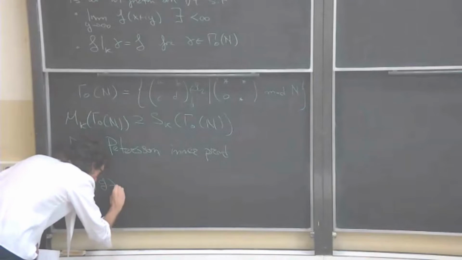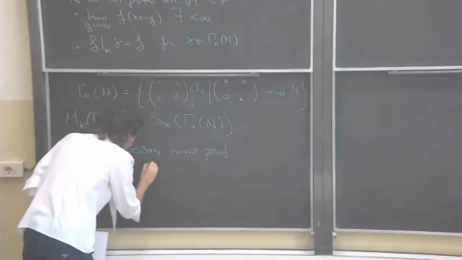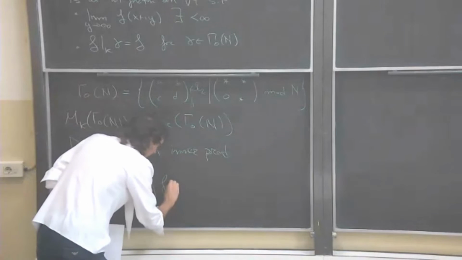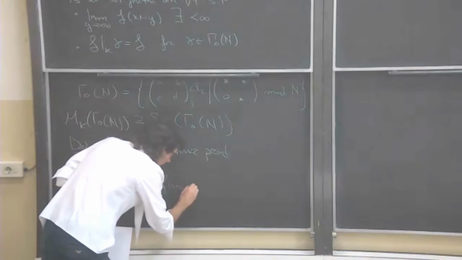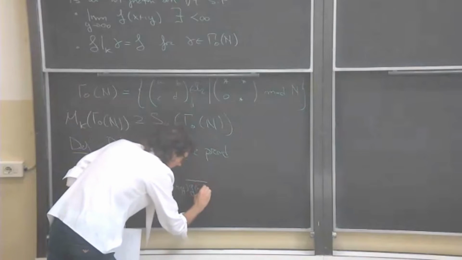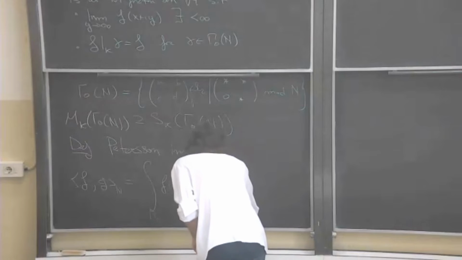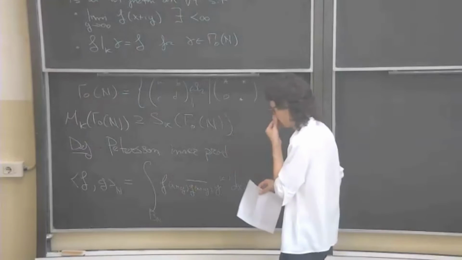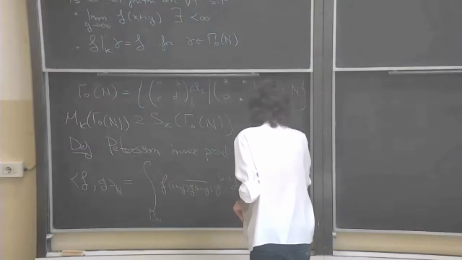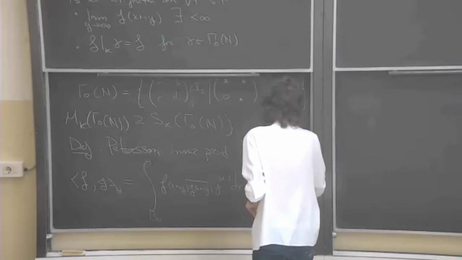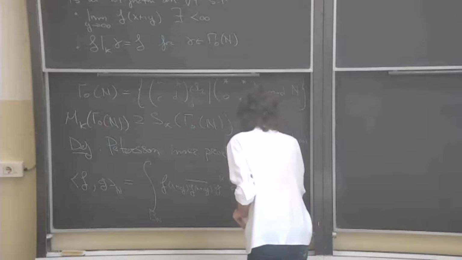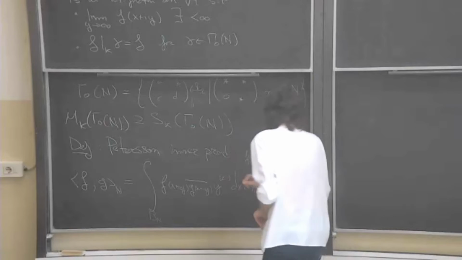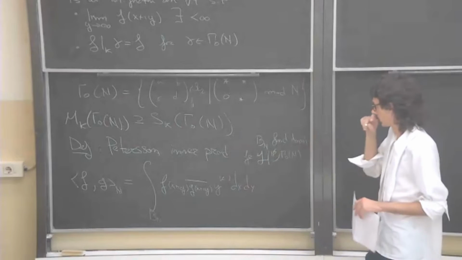Let's write here n, which is none other than the integral over Bn of f of x plus iy, g conjugate of x plus iy, y to the k minus 2, dx dy. Now, Bn is a fundamental domain for the action of the subgroup gamma naught n acting on H.